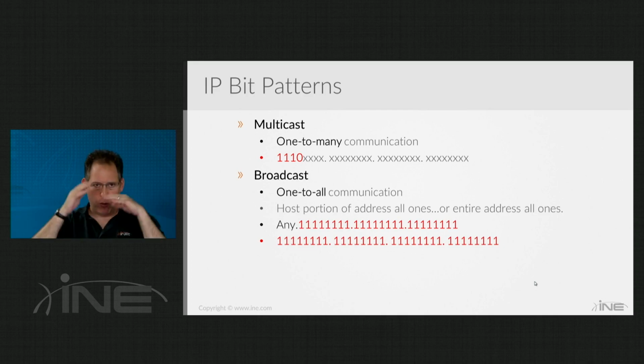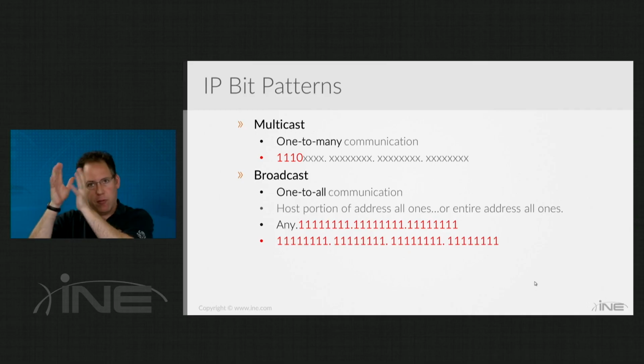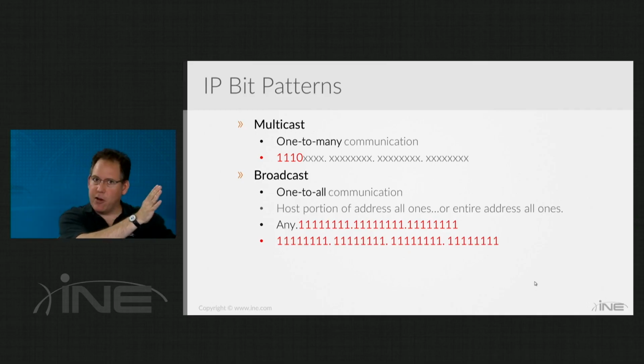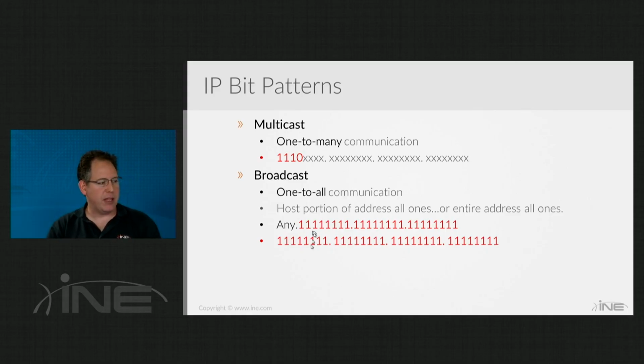Broadcast. Now in the world of IP, we know that an IP address is subdividable. Part of it represents the network, the broadcast domain. The remaining part of it is what we call the host bits. Now in the case of a broadcast, we've got 2 options. In both of them, one thing they have in common is the host bits are all 1s.